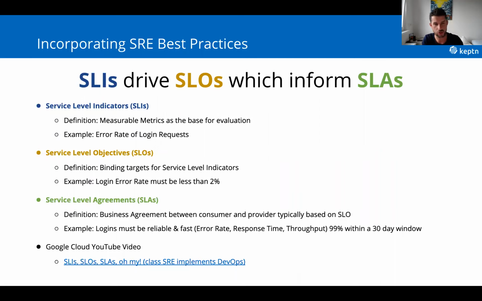And usually we also define some time frame. So it would be the login error rate has to be less than 2% within the last 30 minutes or 50 days, or just within the last time frame of the test that we just applied. So this is how we are distinguishing the service level indicators and the objective.